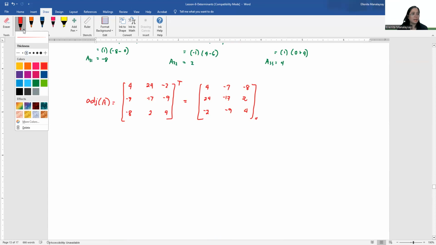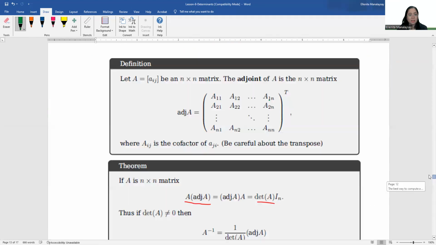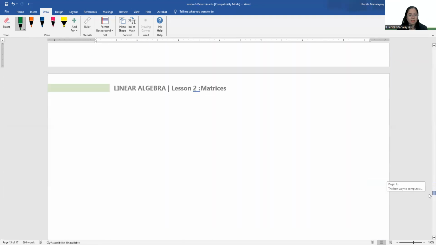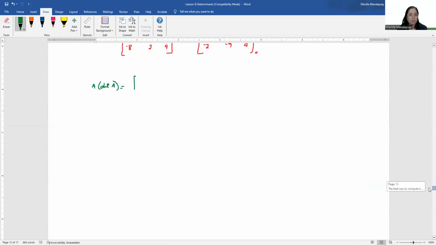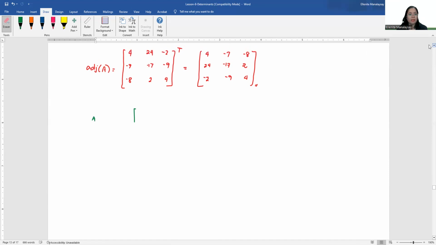A times the adjoint of A. Let me raise the screen a little so we can see.